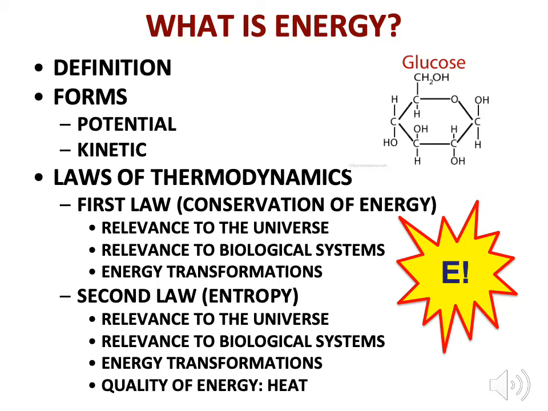But the bottom line is, in the universe, and in biological systems specifically, when you do an energy transformation, whether that means making the cat walk around the block, or keeping the cat alive, or transforming things in that cat's cells, maybe making things, maybe breaking things, all of those energy-intensive transformations convert potential energy to kinetic energy, and kinetic energy expended in whatever activity would then be transformed to heat, which is the lowest quality form of energy.